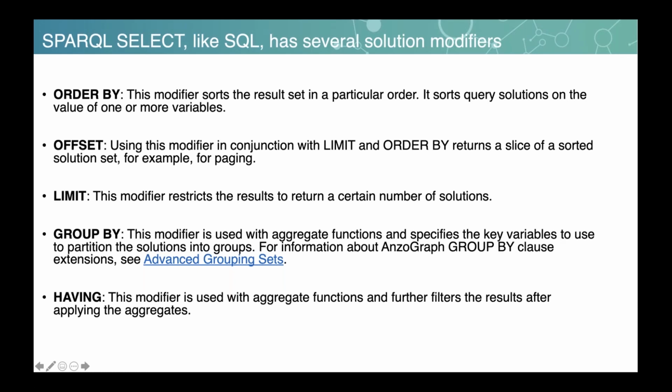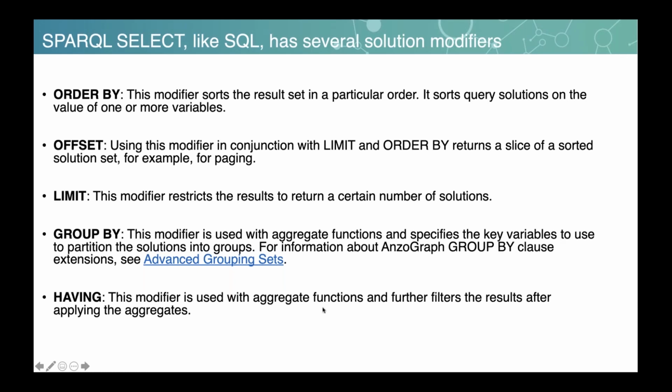So if you have a set of results and you want to do an aggregate, meaning a sum or an average or one of the other built-in SPARQL aggregates, you can do that. If you wanted to write your own aggregate, we give you that ability through our user-defined extensions interface, and you can write your own functions or aggregates. But there's several that are built in as part of the SPARQL 1.1 language.